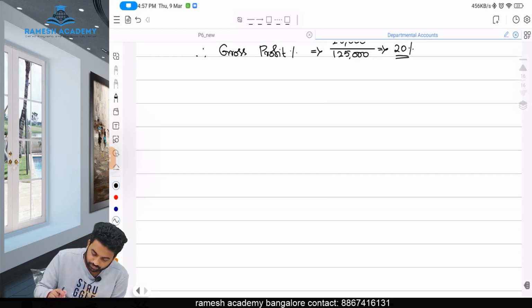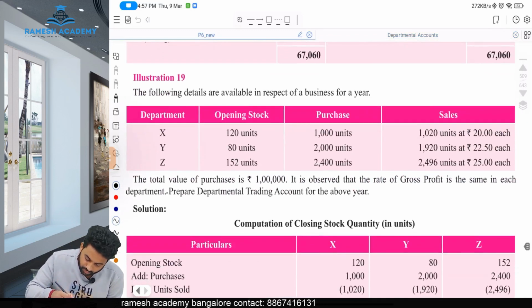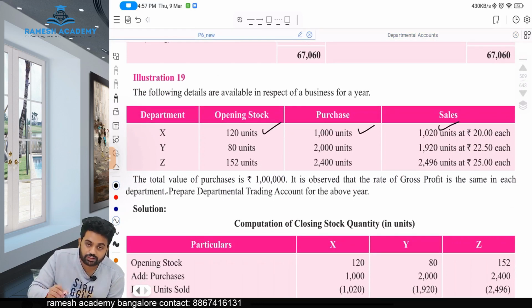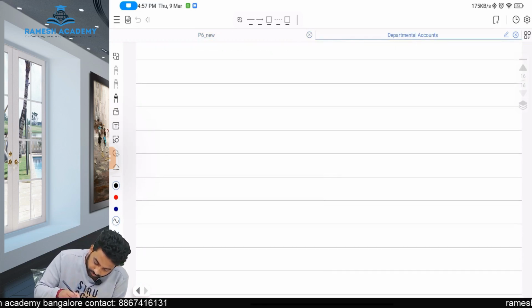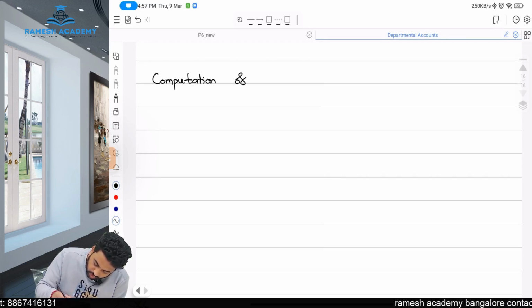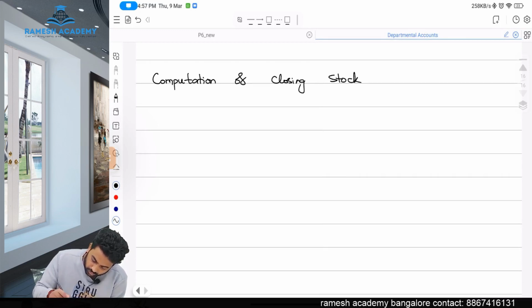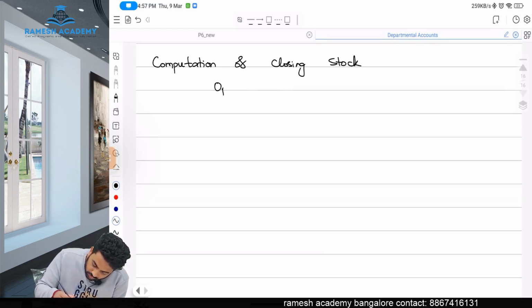So now we know the opening stock, we know the purchases, we know the sales, but we don't know the closing stock. So computation of closing stock. When you have an opening stock, you also purchase.